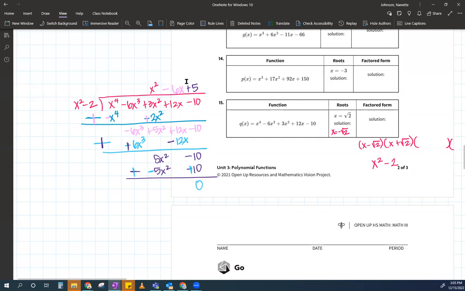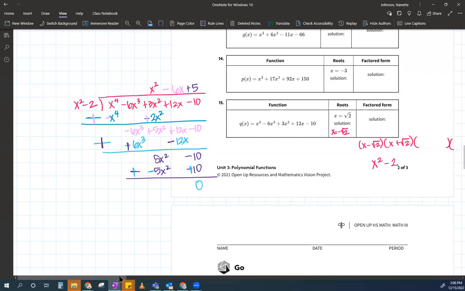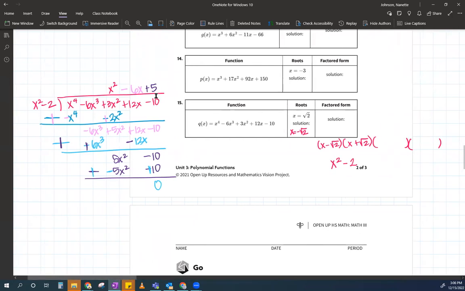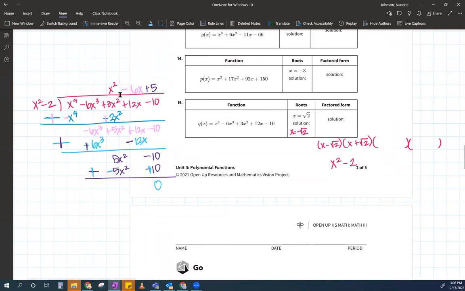But now here's a quadratic that I could factor. I know how to factor this really quickly. It's asking me what two numbers multiply to get 5, but add to get negative 6. So I'm just going to fast forward here. That would be x minus 5 times x minus 1.